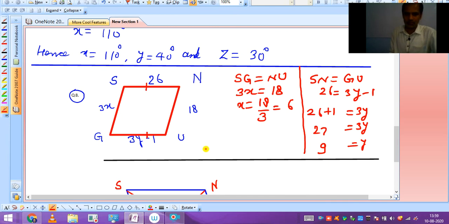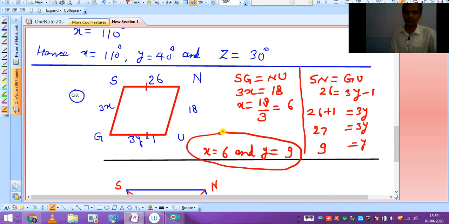So you can say that x is 6 and y is 9. Okay, this is the result. Finally, you have to write this result. So question number 8, the answer is x equals 6 and y equals 9.